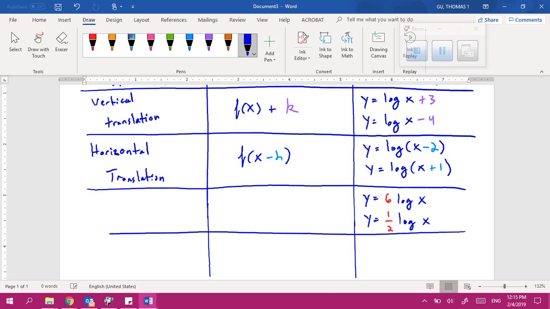All right, and then we're also going to write y equals log of 1/5 times x and y equals log of 3 times x.